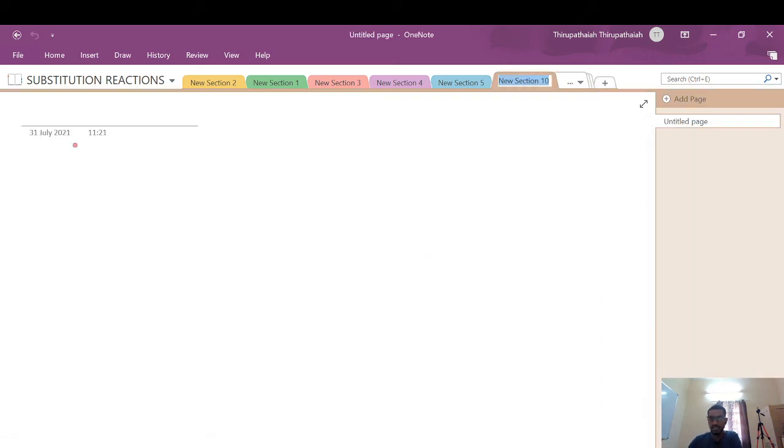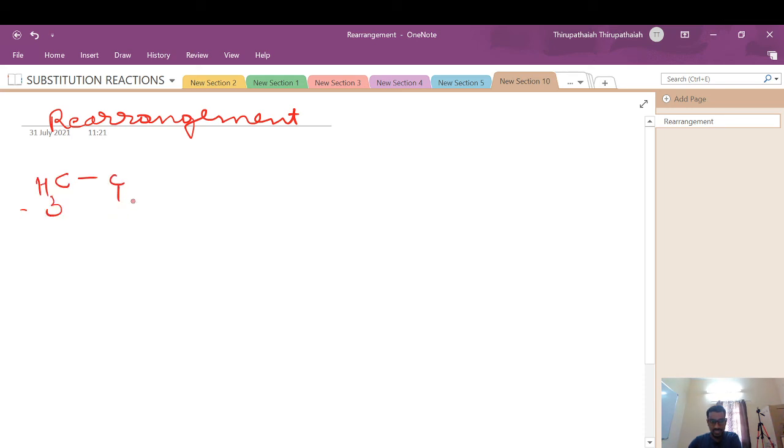Now, there is a possibility of rearrangement in SN1 reaction. For example, if you take a molecule of this kind, CH3CHClCH(CH3)CH3, and we add OH minus, what product do we expect?